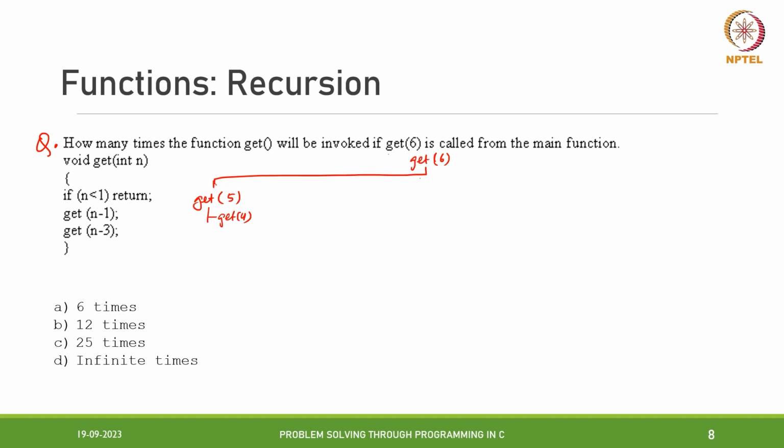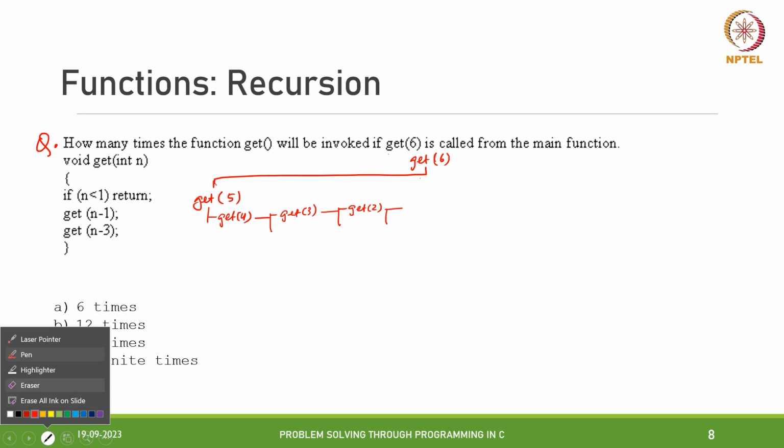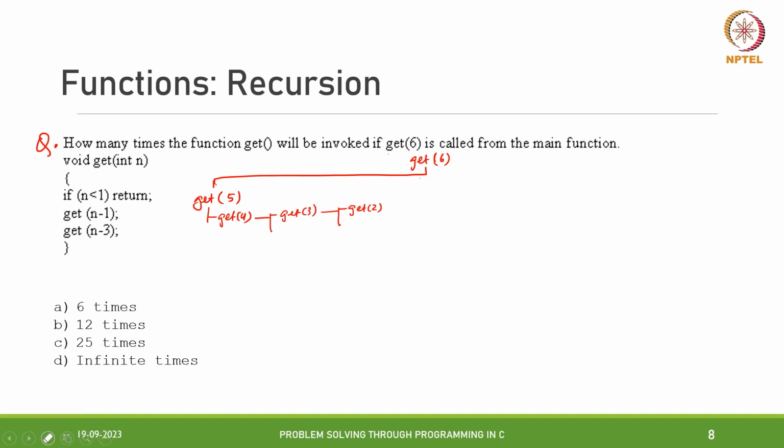N minus 1, right? So now what will this get of 4 call? Get of 4, if you run, then it will call get of 3. Now if get of 3 is called, it will call get of 2. If you run get of 2, it will call get of 1 till the condition is satisfied.